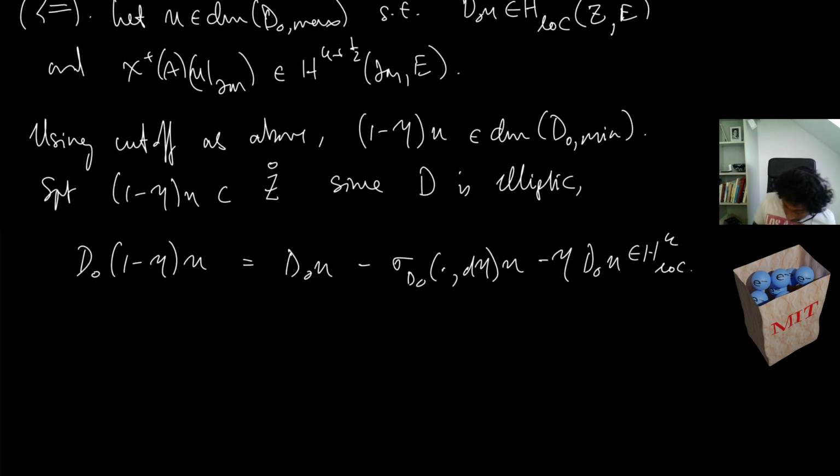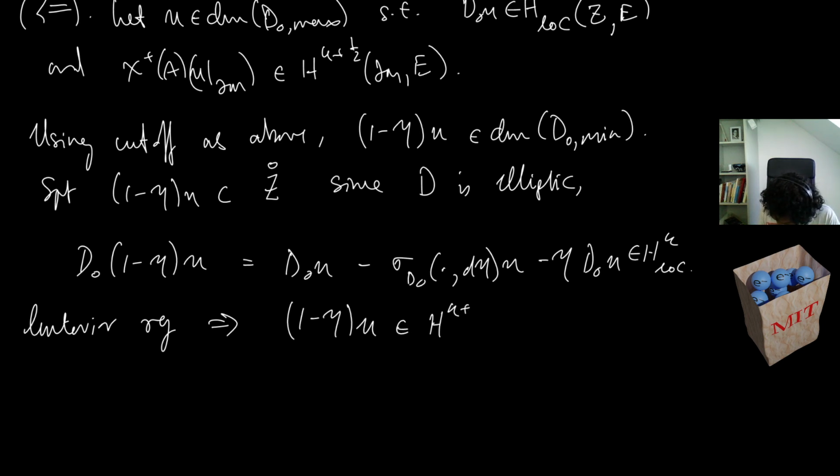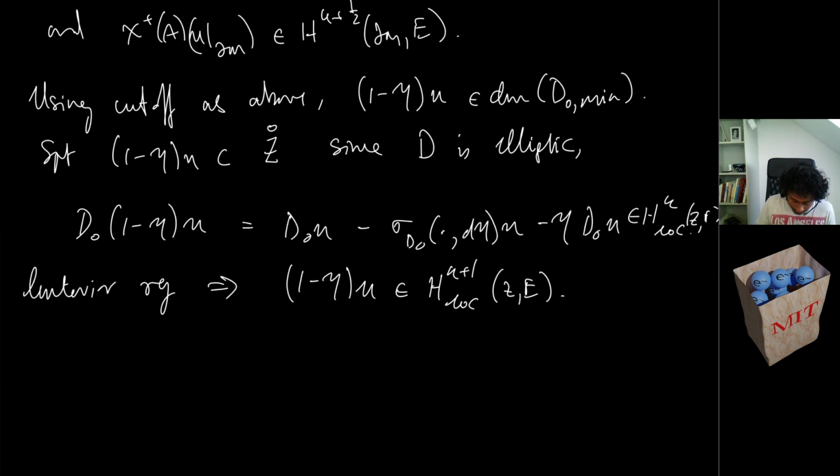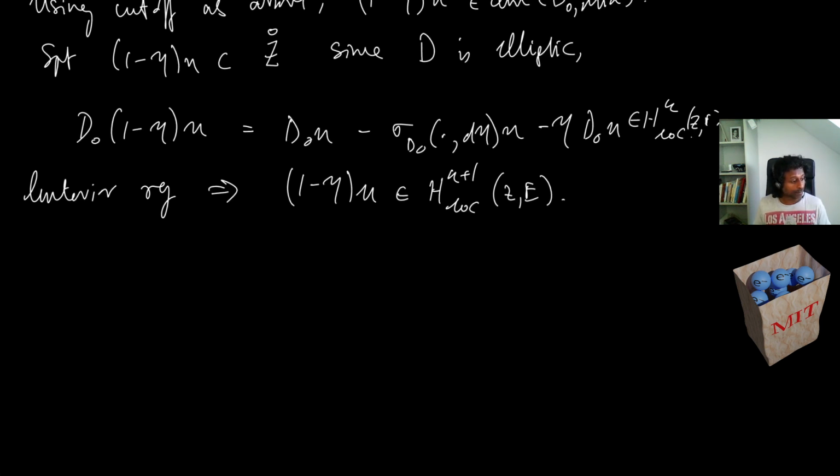Okay, so the support property then means that interior regularity implies that (1 minus η)u is in H^{k+1}_loc(Z, E). So that's not the interesting part actually. That's the easy part because we're staying away from the boundary. So the interesting part is what happens at the boundary.